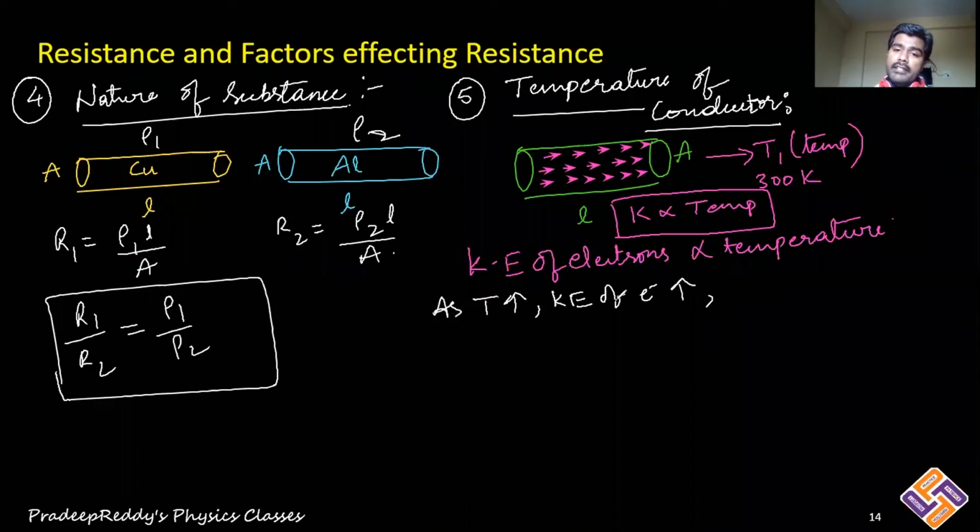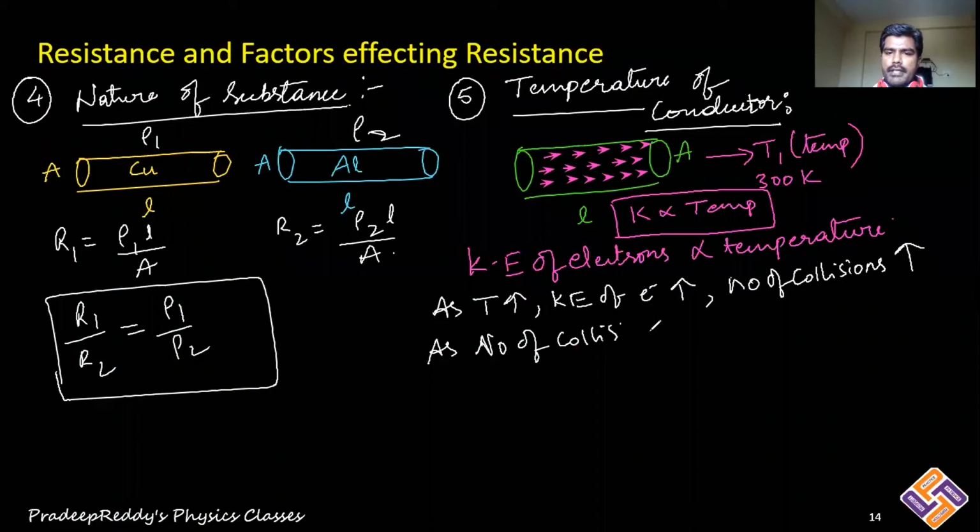If kinetic energy of the electrons increases, then what would happen? The number of collisions increases. As number of collisions increases, what would happen? As number of collisions increases, resistance of the conductor increases.